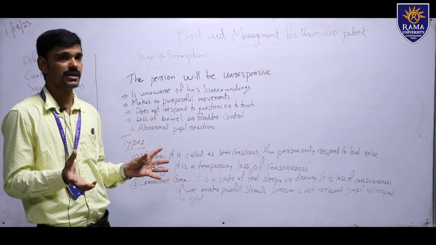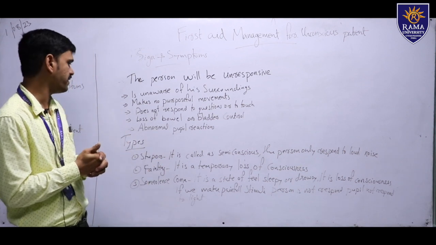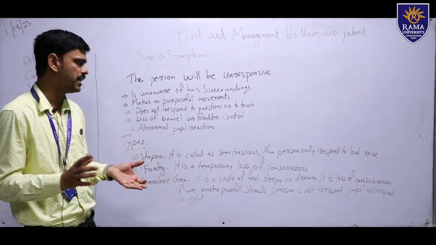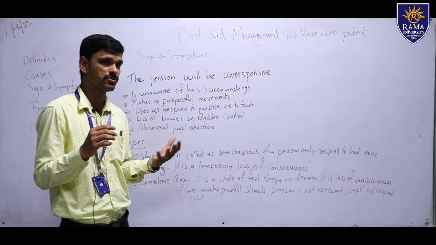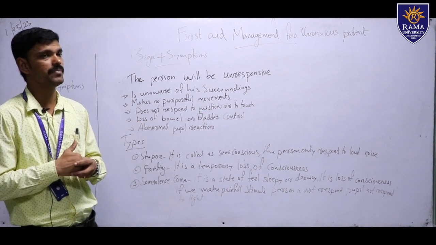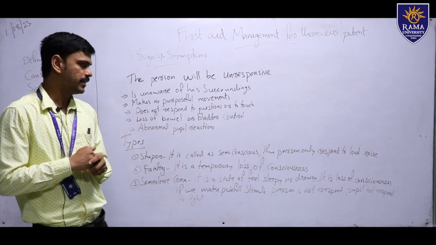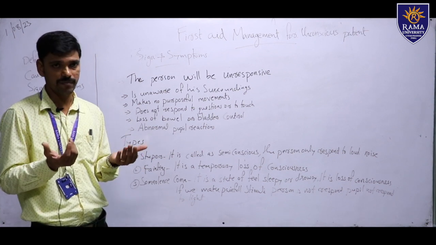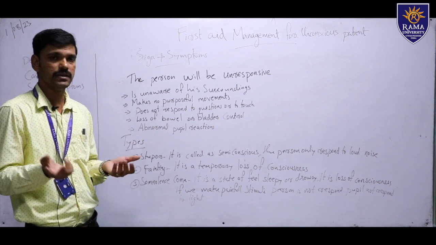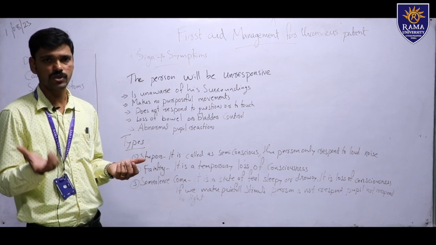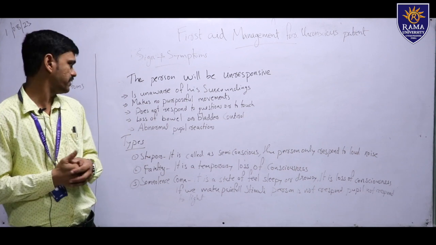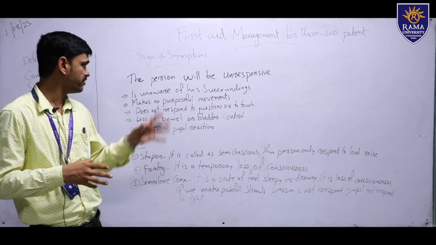Somnolence coma is a state of feeling sleepy or drowsy, with loss of consciousness. If we give painful stimuli, the person will not respond, and the pupils do not respond to light in somnolence coma.